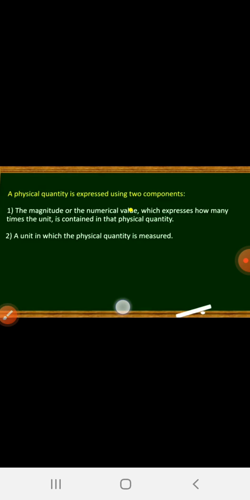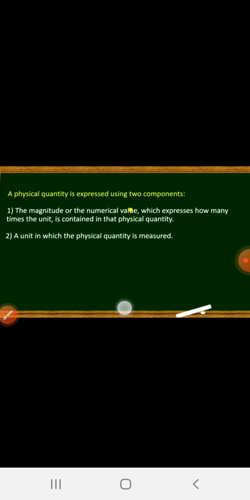A physical quantity, I told you, is that property which can be measured, and it consists of two components. First component is the number of a unit, or you can say the amount of something, or mass of something, or distance of something, which is represented by a number. As I told you in the definition also, a physical quantity is described by a number.